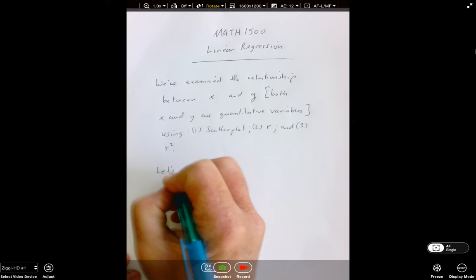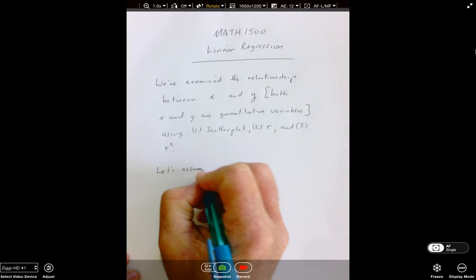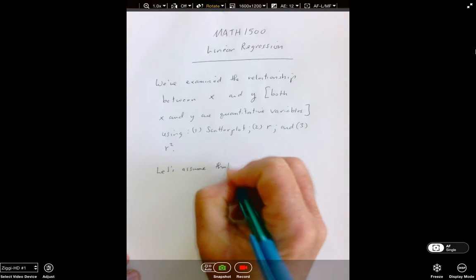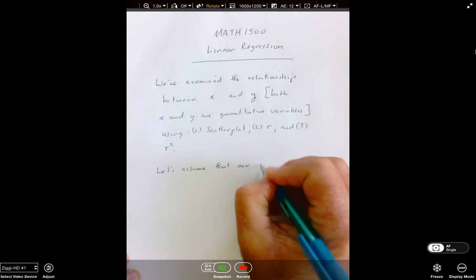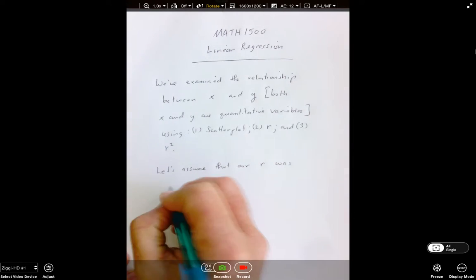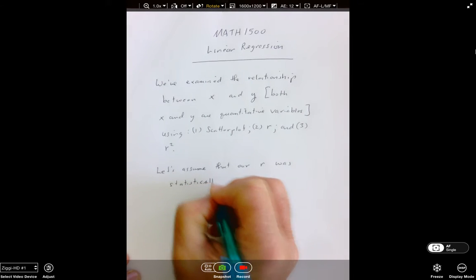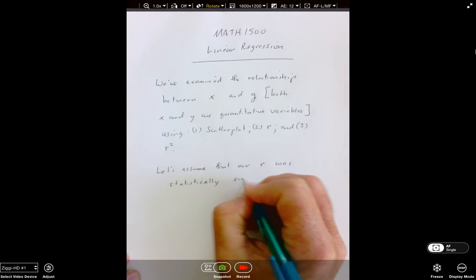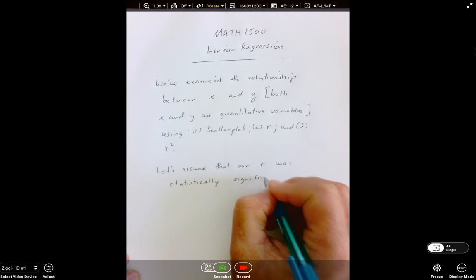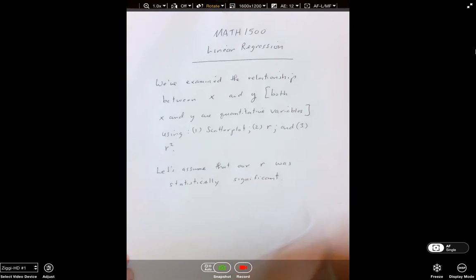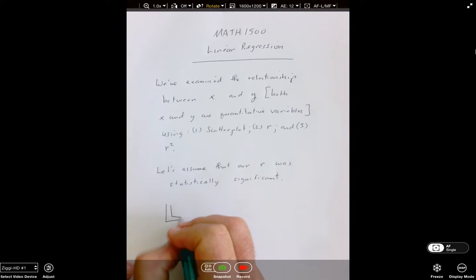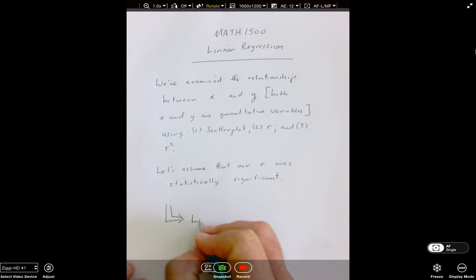Let's assume that our R was statistically significant. Okay, if all this has happened, then we would want to get into a technique called linear regression.